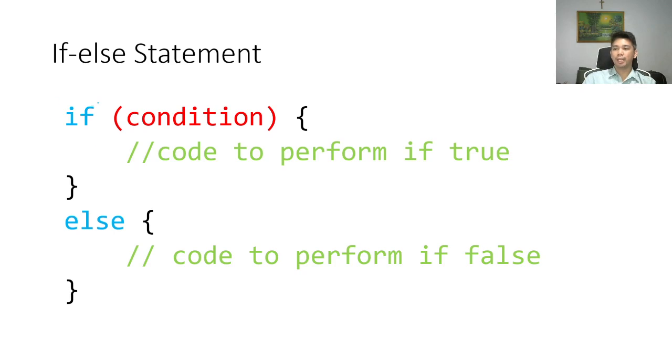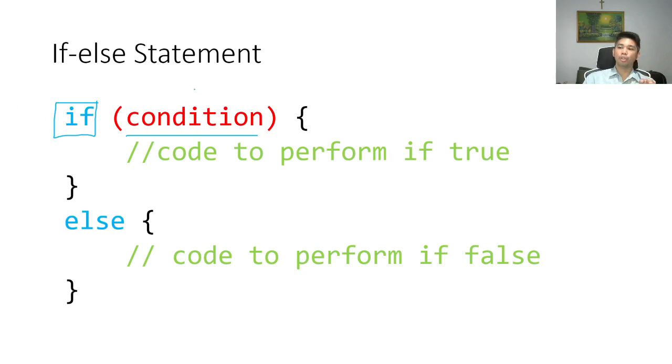We use the keyword if followed by a condition. What was the condition again? That's what we did in the motivation, the one with greater than, less than, equal, not equal. Now, whatever is the answer to this, true or false, there is a certain action to be done.